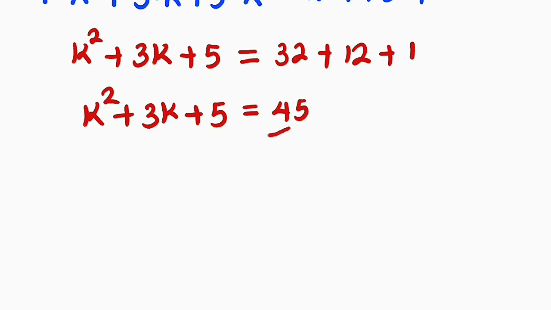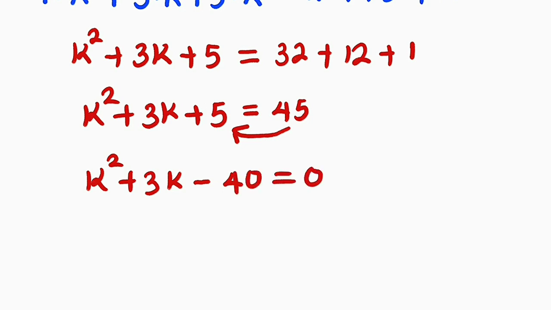Take 45 to the left hand side, it becomes negative. So you have 5 minus 45, which is negative 40. So k squared plus 3k minus 40 equal to 0, which is a quadratic equation in terms of k. Now you think of two numbers that you can multiply together to get negative 40, but when you add them together you get positive 3, and the numbers must be 8 and negative 5.